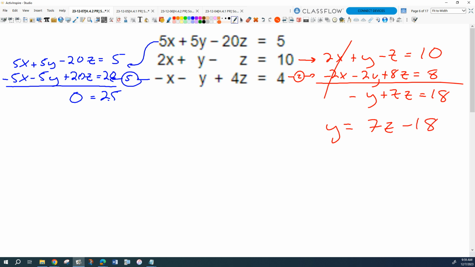So in the yz plane, let's say that here's my yz plane. We'll call that the z-axis and that the y-axis. What would the graph of that line look like? It has a y-intercept of negative 18 and a slope of 7. Yeah, it's just a line, right?